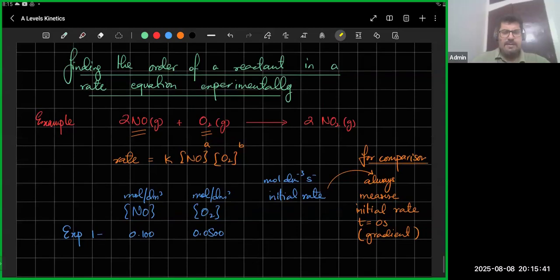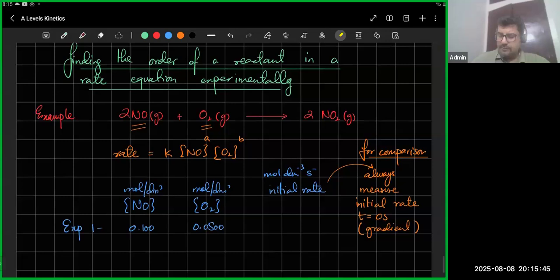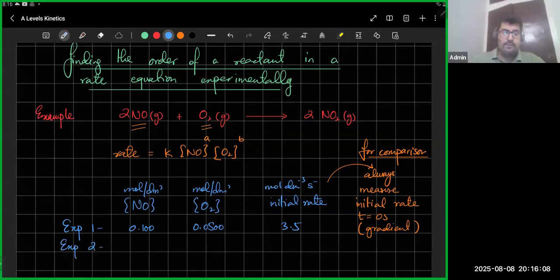I say experimentally is kind of easy. I'm just going to plug in some data. He is going to do another experiment. As a first experiment, the initial rate that he measured was 3.5 mole per dm cube per second. So that's a 3.4. And then he does another experiment, and he's going to see if he changes the concentration, what will be the effect.